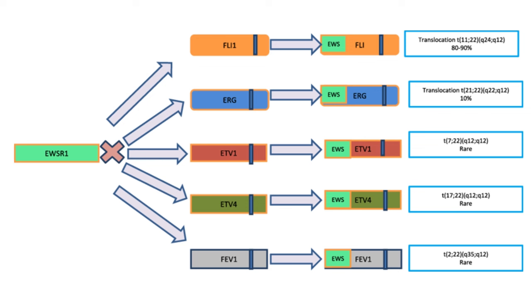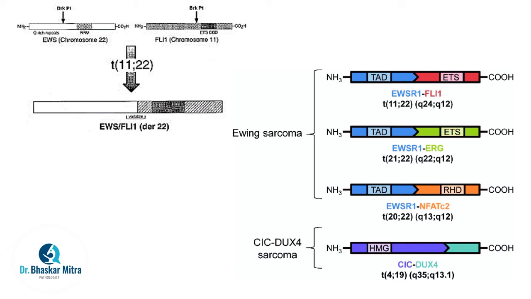But what I try to highlight here is that there is a formation of one type of gene and another transcription factor gene giving rise to this fusion transcript. So the most common is that the EWS gene and the FLI1 gene combine together and form this transcript, which is responsible for this Ewing sarcoma group of tumors.